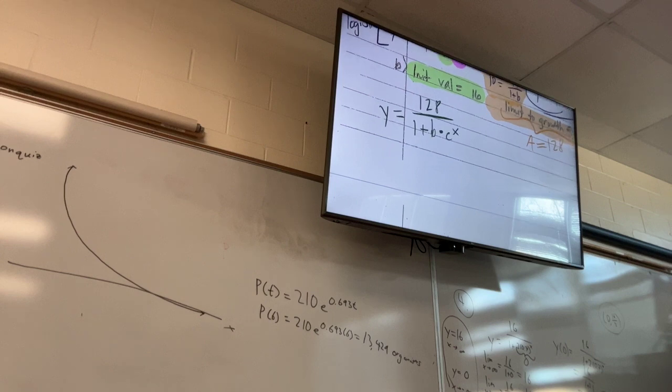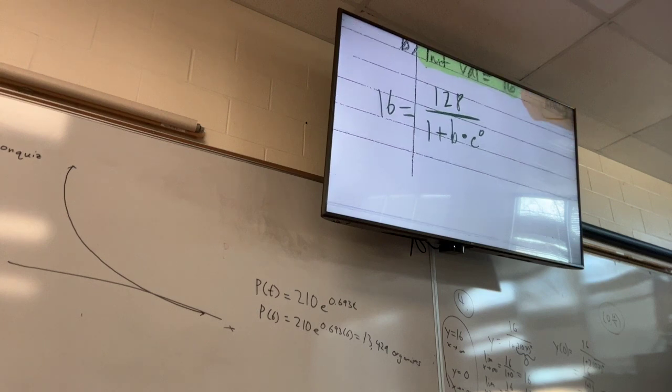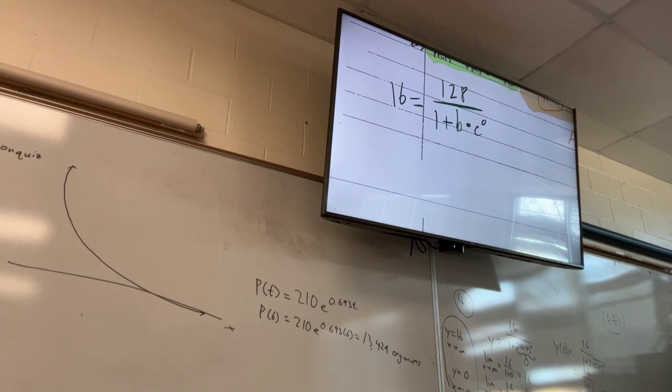x. Okay. So then, using our initial value there, that means x right here, we're erasing x. X is going to be 0. We know that if we put the initial value of 0 in, we'll get 16. And now look what I have. I have an equation I can use to solve for b. C to the 0 is just 1.